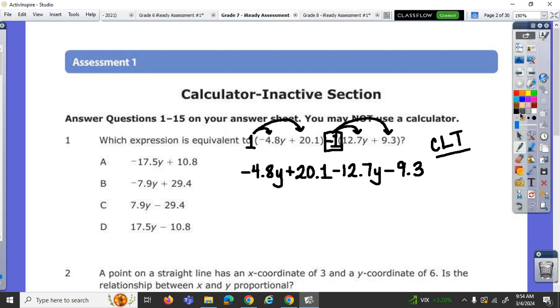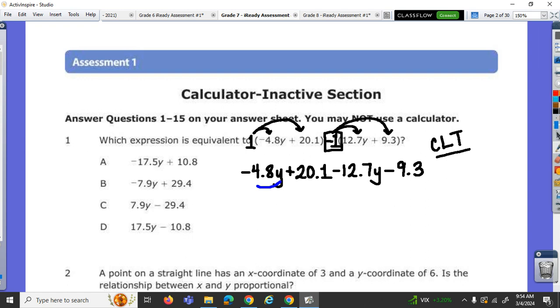We've got some like terms here. I see negative 4.8y and negative 12.7y. For those two, we're going back further into the negatives, adding backwards, in other words. We add those two together, and those will be for team negative.